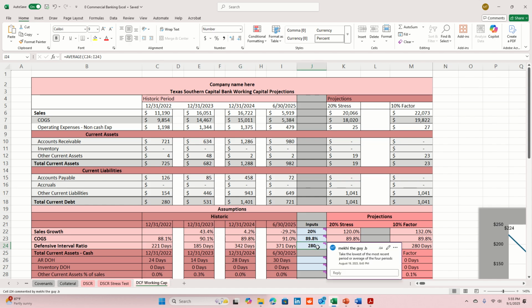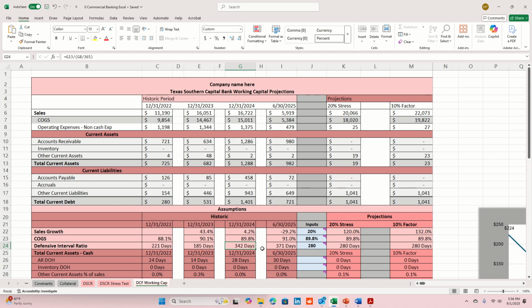The reason we want to take the lowest of these is because in 280 days, we will not be able to repay our operating expenses with our current assets. Whereas 342 days means we have 342 days until we can't repay our operating expenses with our current assets.